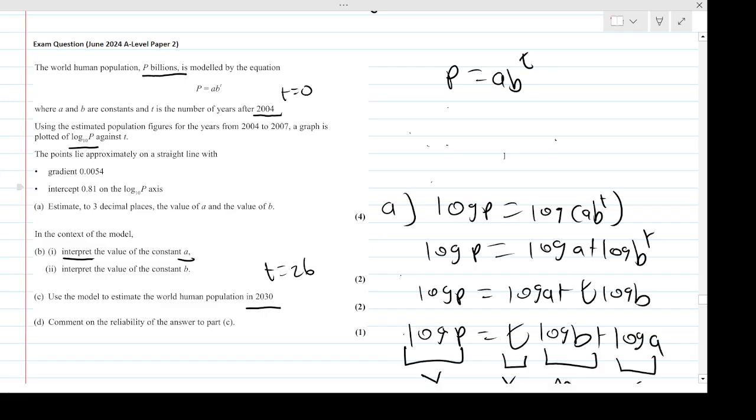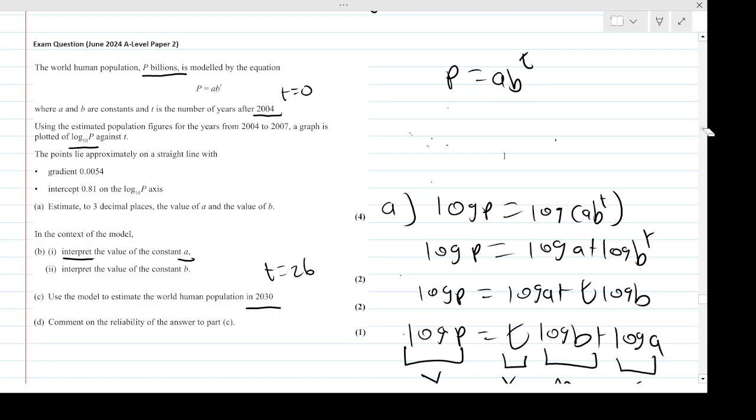Okay, so then part D, we're asked to comment on the reliability of the answer to part C. Right, so part C was the world population in 2030, right? Now, the model is actually between 2004 to 2007, right? That's kind of where the model is reliable, between these years.